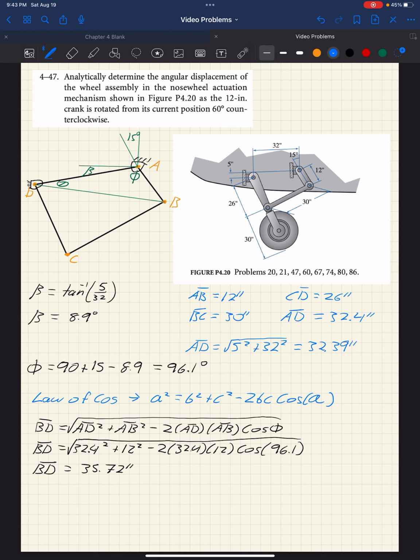The law of sine states that sine A over length A is equal to sine B over length B. So let's apply it to our problem.